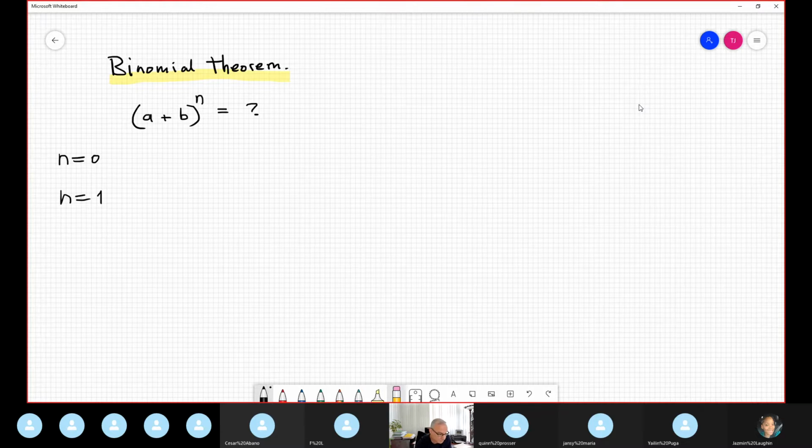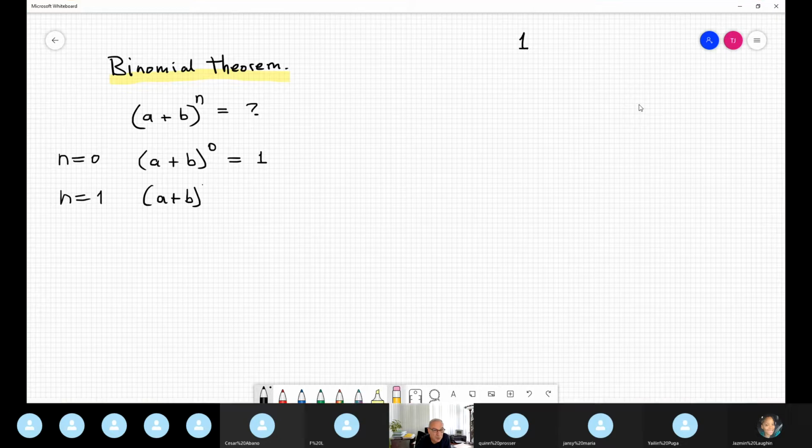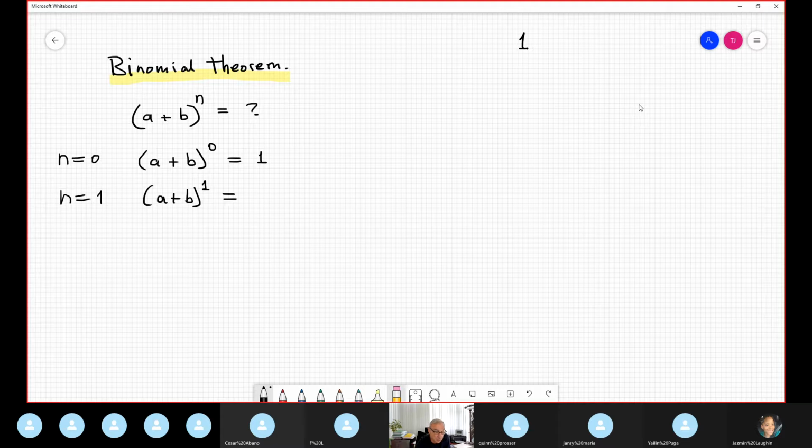Suppose n is 0, a plus b to the 0 power is 1. I want to put this one here. You see why. Now a plus b, sorry, raised to the first power, n equal 1, is just a plus b.